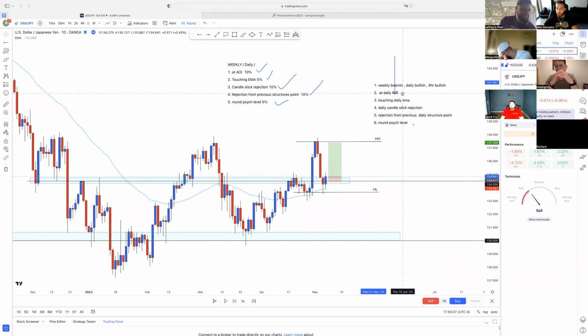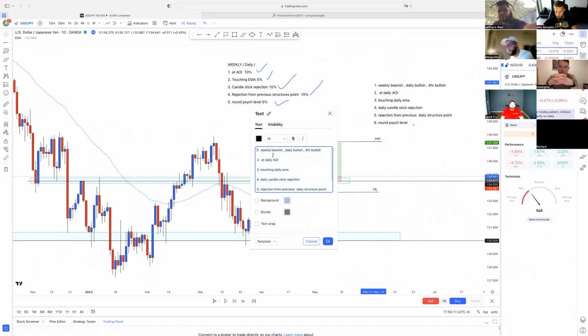You guys are seeing how beautiful this is looking so far, right? So if we were to add everything up, this were to be 20%, this were to be 10%, this were to be 5%, this were to be 10%, this were to be 10%, and then this were to be 5%.